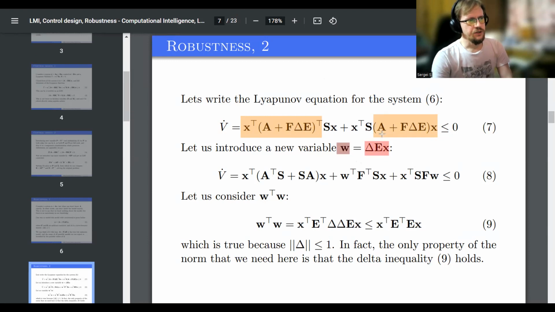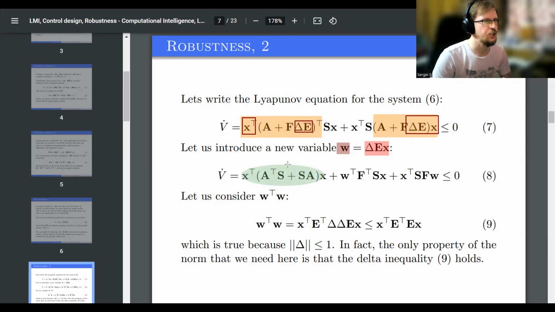Now, where is omega? Omega is here, and omega is here. The terms with A, S, X, the same as before, did not change from the previous formulation.